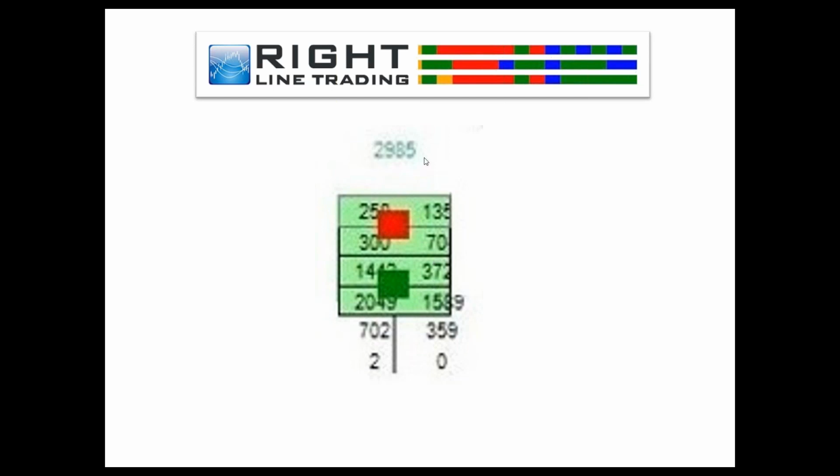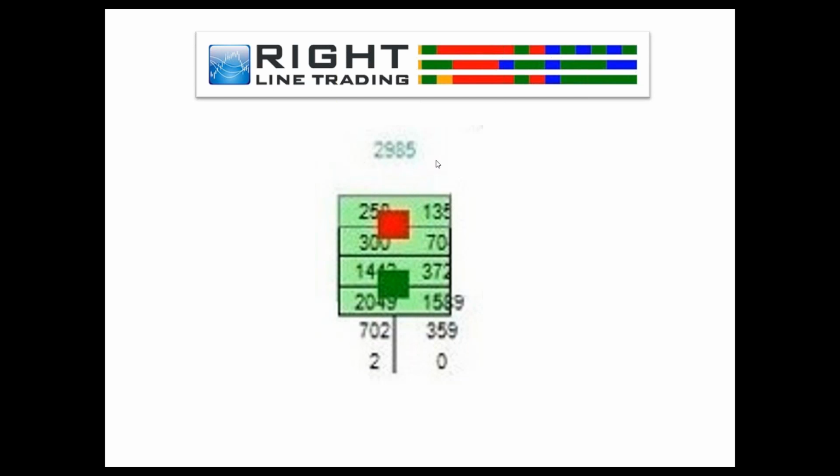It simply looks at the bid-ask disparity. And this is telling us that at the close of this candle, there were 2,985 more buyers than there were sellers. And what we surmise from that, or make a supposition, is that puts significant buying pressure on the candle, and the candle is going to close up.